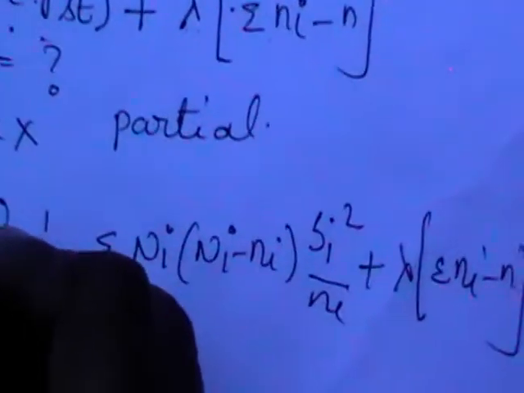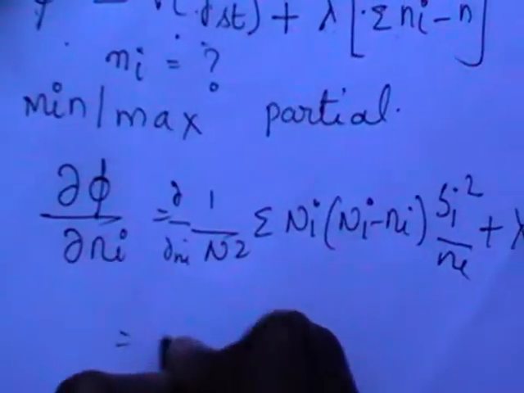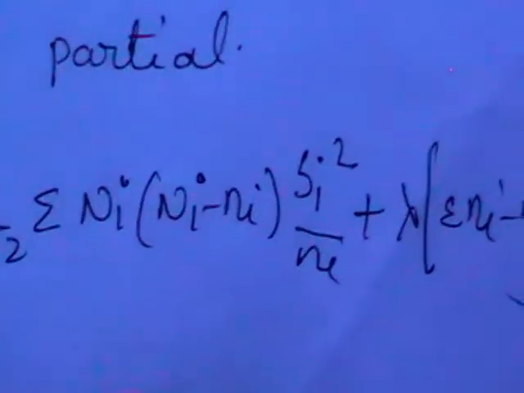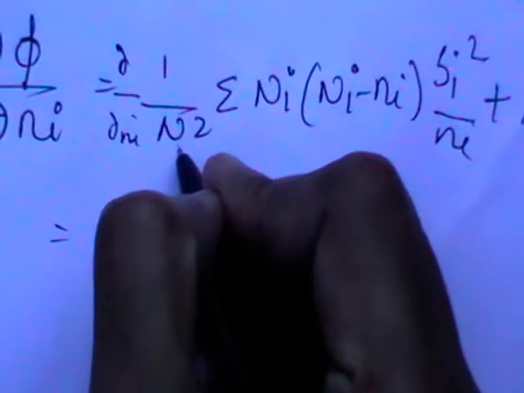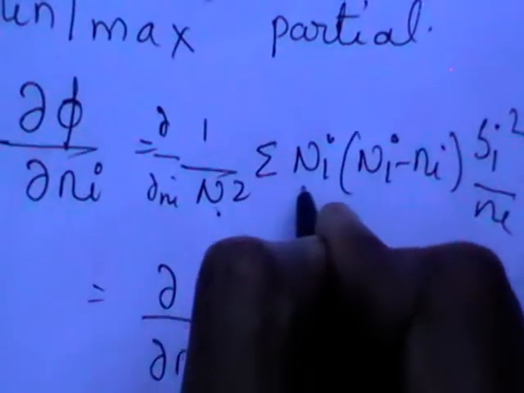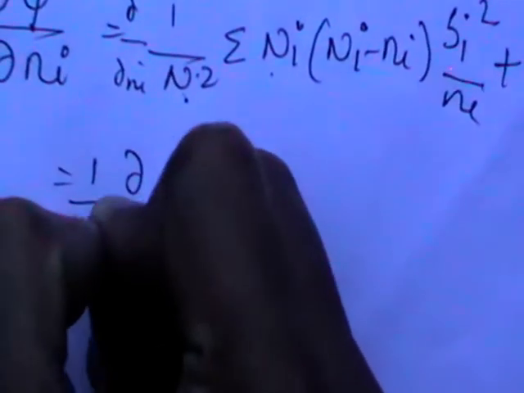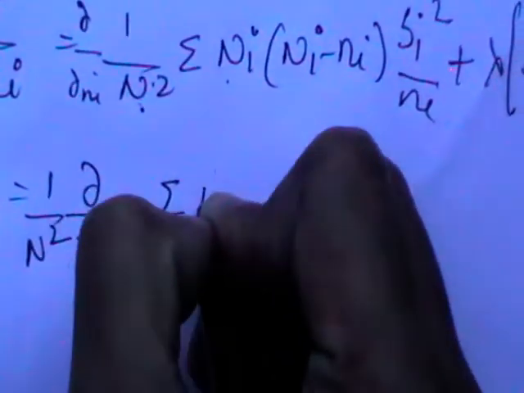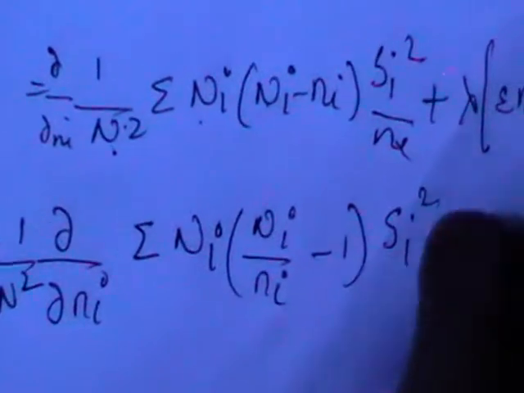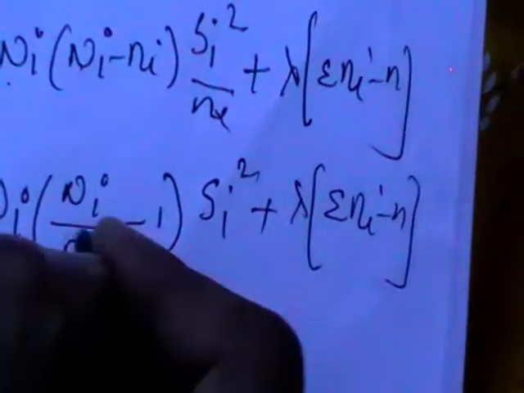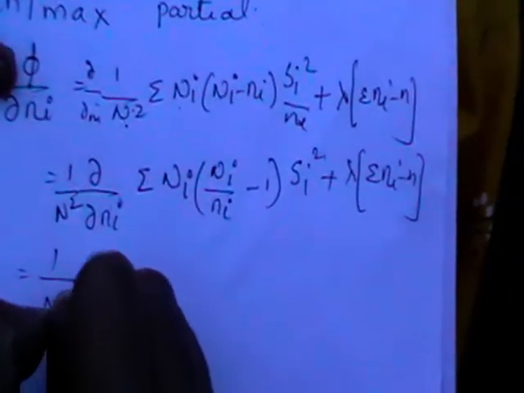So we are going to find the derivative with respect to ni. So dou by dou ni of, if you observe here, this is a constant, this is a constant. So this can be taken out of the derivative: 1 by n square sigma ni into, let us take this ni to each of these terms. So ni by ni minus ni by ni is 1 into... so here 1 by n square.